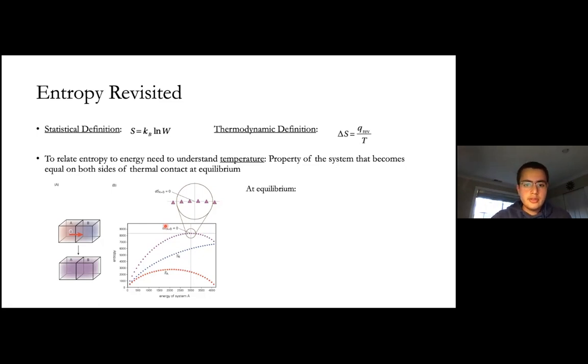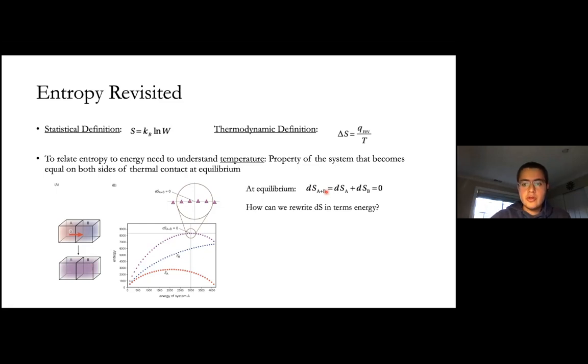Temperature is essentially the property of the system that becomes equal on both sides of a thermal contact at equilibrium. For example, here you have a system A and a system B, and at equilibrium, the temperature on both sides will be equal. At the same time, at equilibrium, the total entropy of the system must be maximal. In other words, the change in entropy has to be zero.